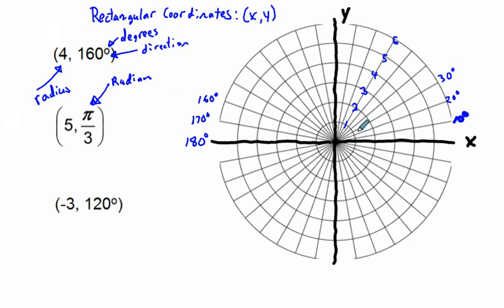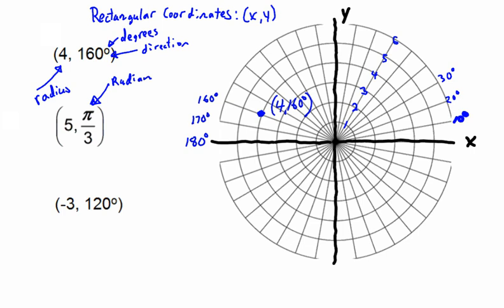So we go at 160 degrees first, which gives us this spoke or ray here, and then we go 4 units, so 4 rings: 1, 2, 3, 4. So here is the polar coordinate pair graphed: 4, 160 degrees. All right, so that's that one.